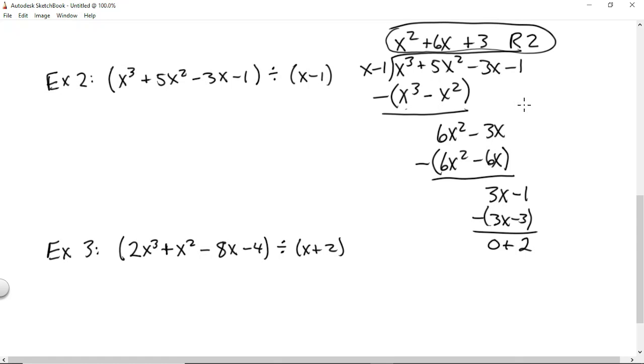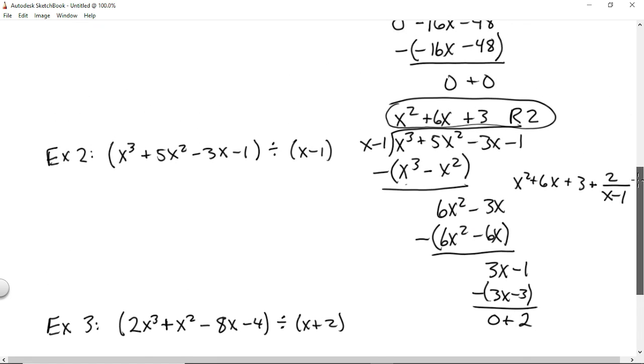Or we could write it, I'll have to sort of squeeze it in here, x squared plus 6x plus 3, and the 2 that's left over is the numerator, and we have to say plus that 2 over the x minus 1, which is here. That's like with regular division, it was 7 in that problem.